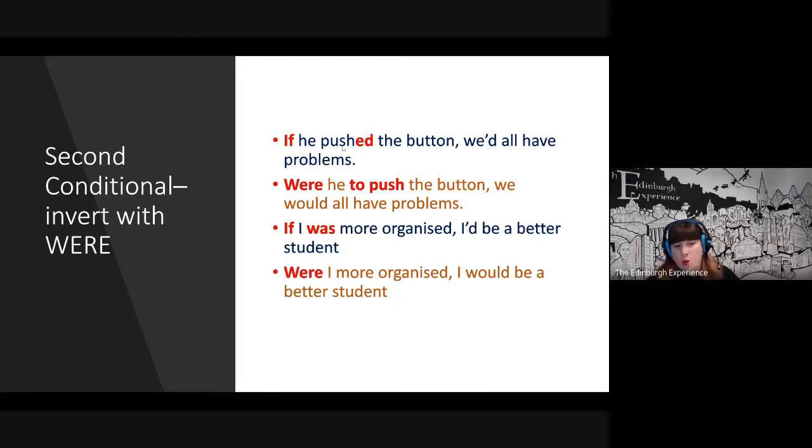And if you compare what we're doing here, all we are doing is taking away if, and instead of this past simple here, I'm using the infinitive. So we take away if, we add in were, he, and instead of the past, we use the infinitive: were he to push the button.